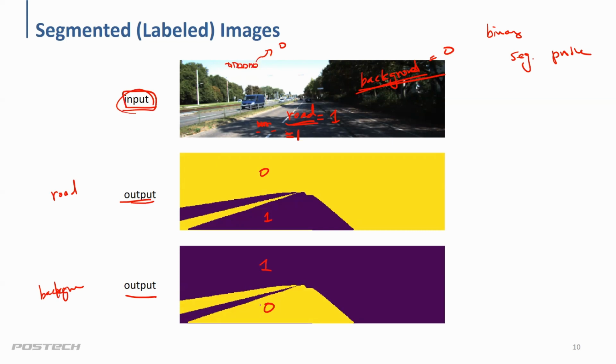You guys know what I mean, because we are doing one-hot encoding. These have the same amount of information, there's no difference, but over here we have two layers because we have two segmented, or labeled, images.